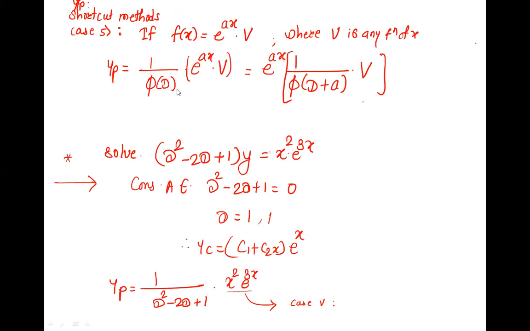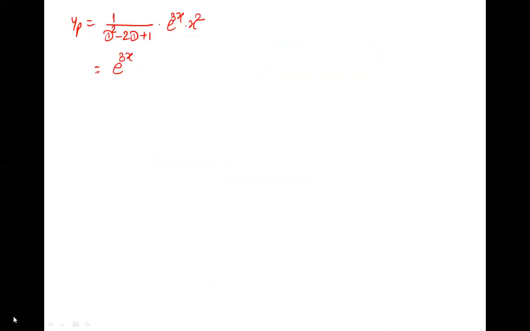Just D will be D plus a and e will be out. That will be operated on v only. So here e raised to 3x is out and D is what?